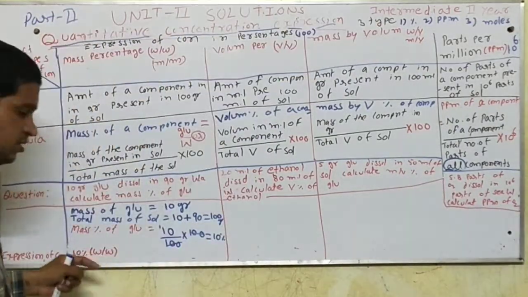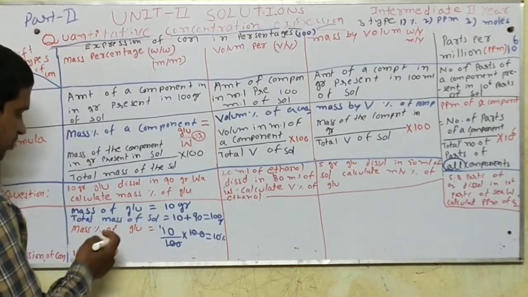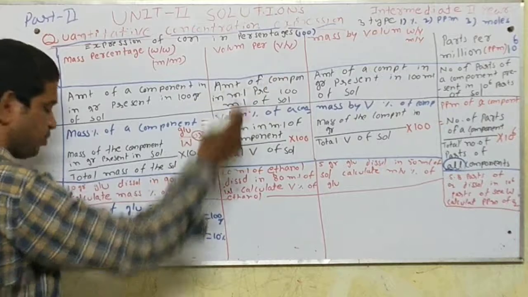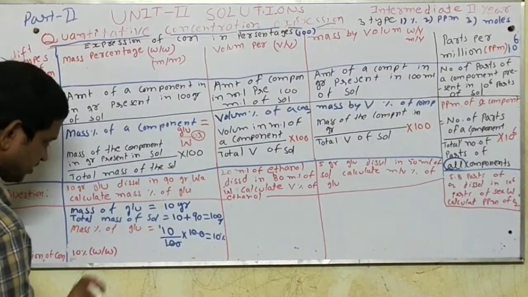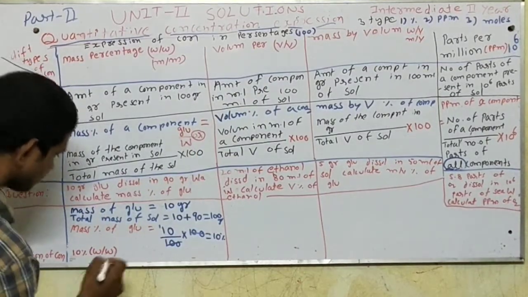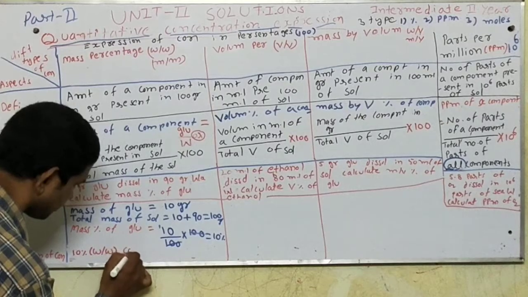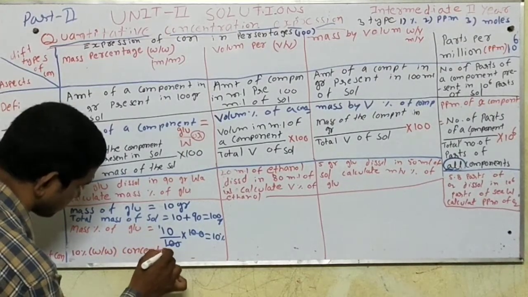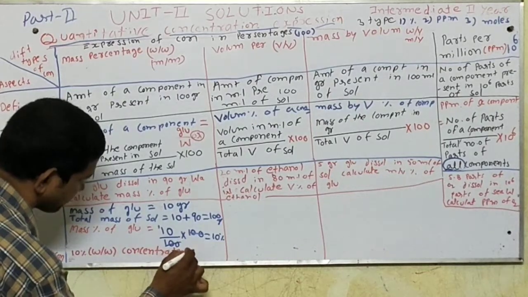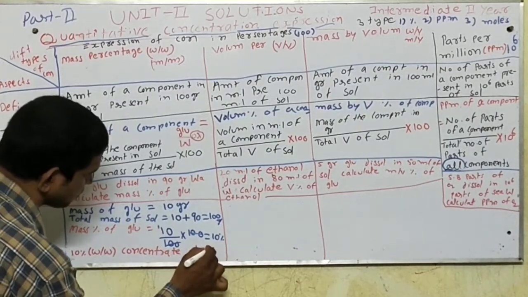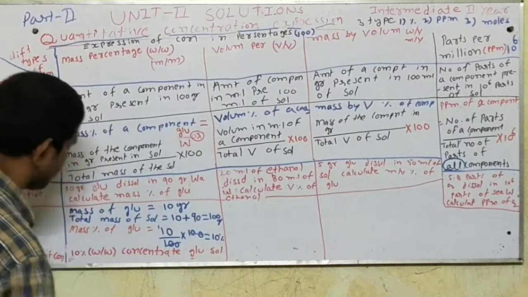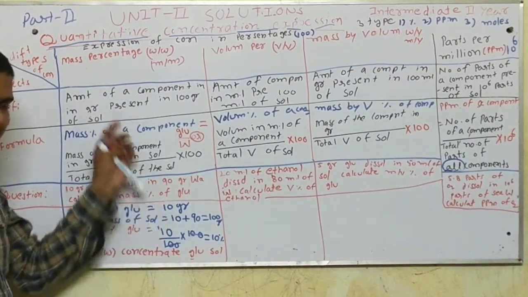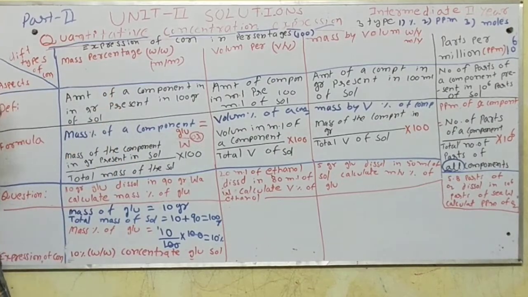So we have to mention whether it is W by W, V by V, or W by V. 10% W by W concentrated glucose solution. It means 10 grams of glucose is present in 100 grams of solution.